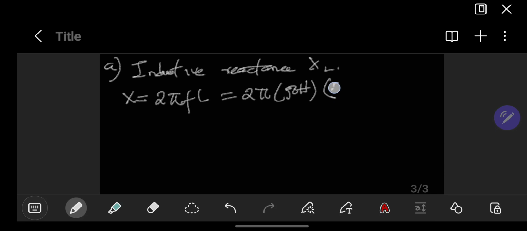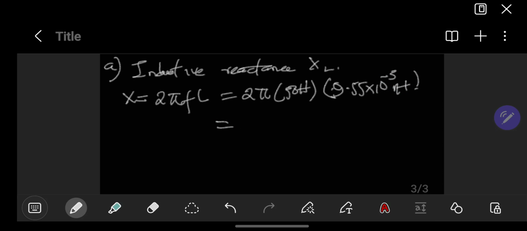Our XL is given by 2 pi FL. So that will be 2 pi. If you remember our question, we're given frequency to be what? 50 hertz, and then inductance to be what? 9.55 milli. Milli is 10 raised to the power minus 3 Henry.